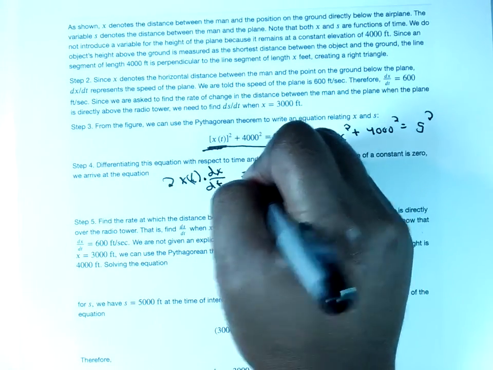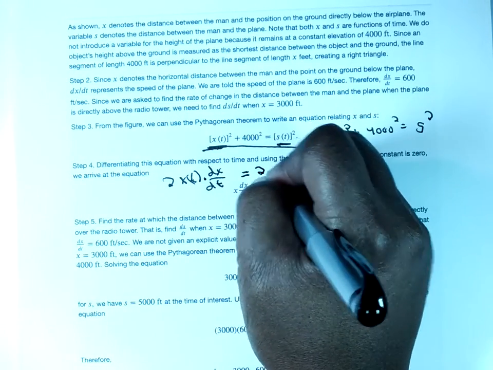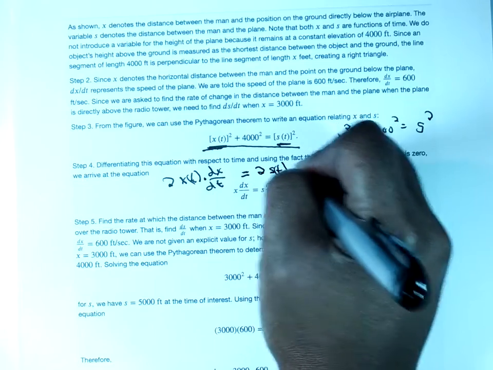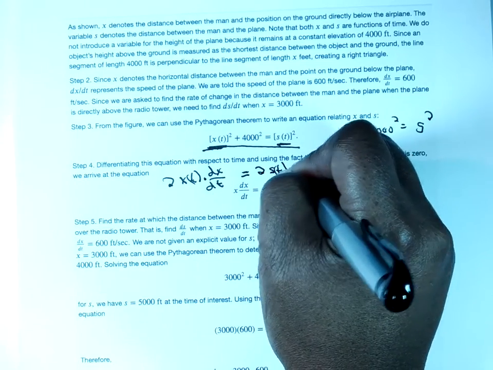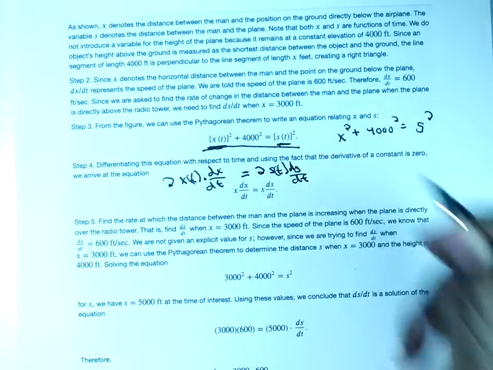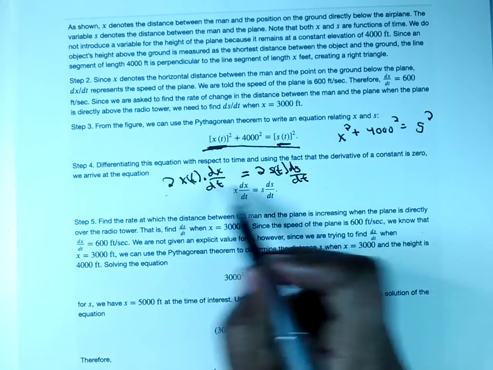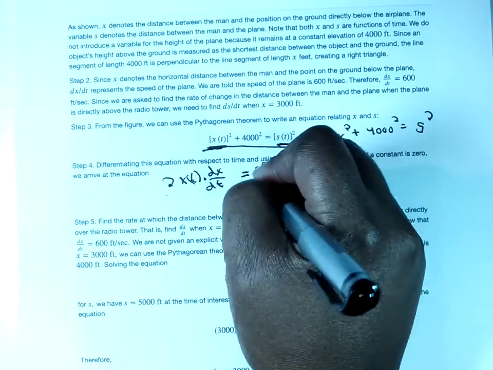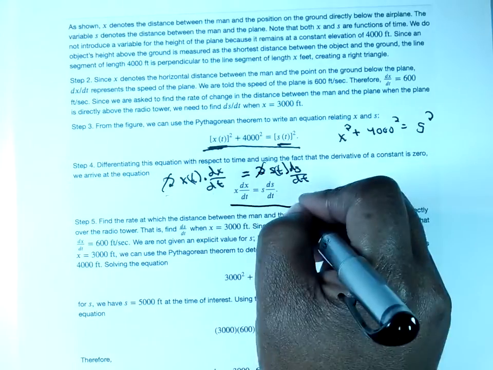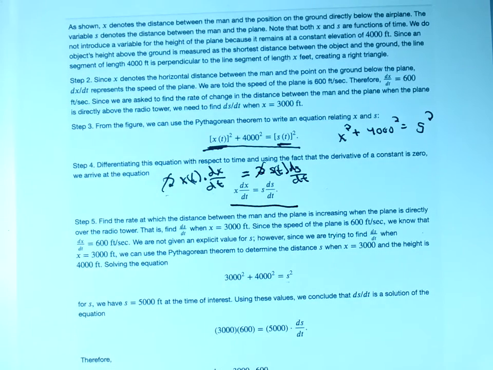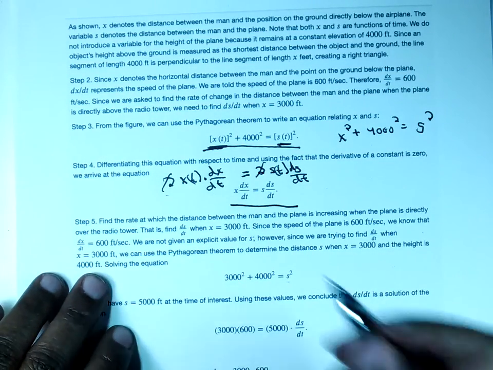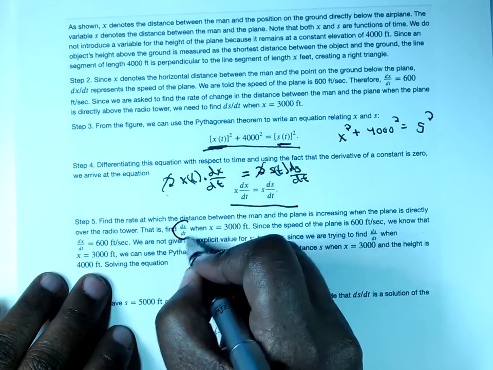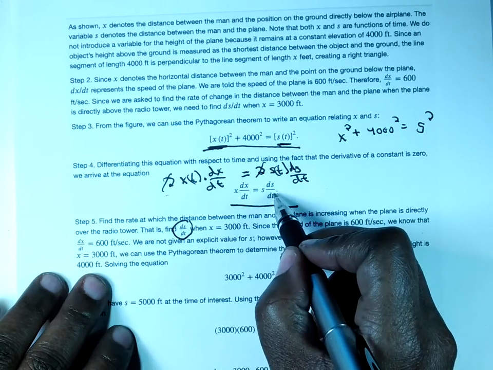And then on the other side, again, you get 2 s of t to the first power times ds dt. Well, what they did here is divide both sides by 2, and that's where we get this function from. So the givens, we want to find ds dt. So this is what we're trying to find.